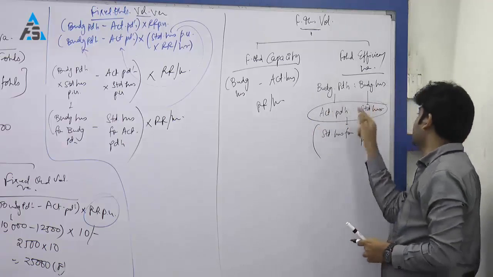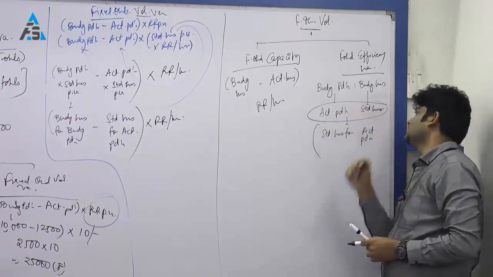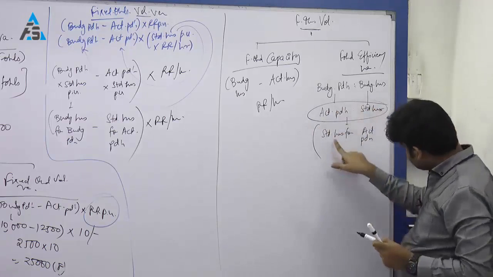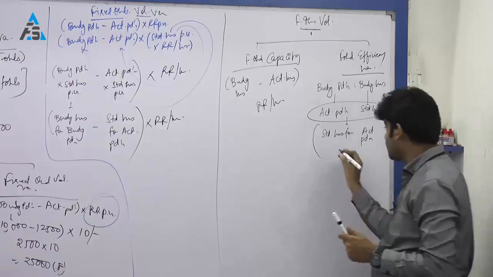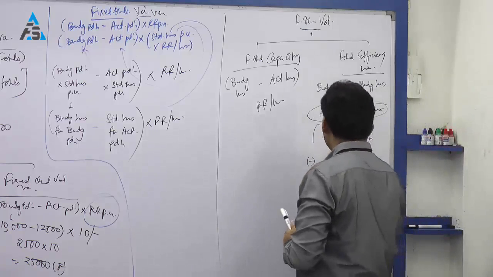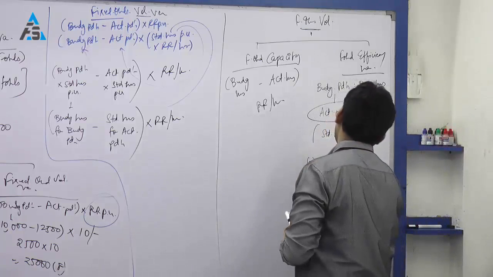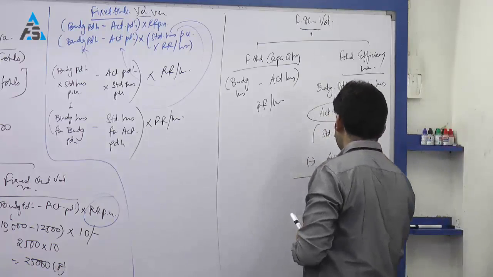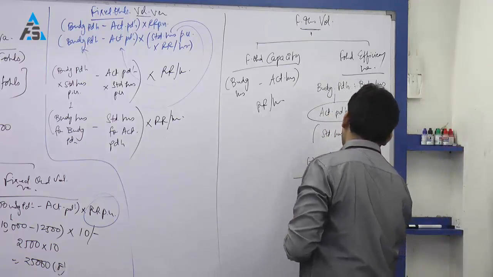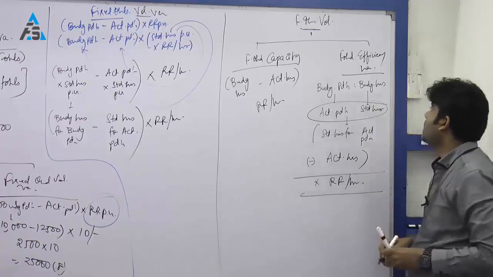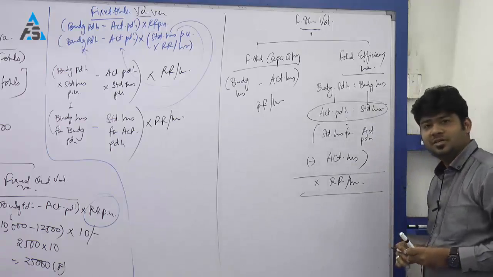So accordingly, 12,500 into 5 total, that should have been my standard hours. So standard hours for actual production minus, for that output, the total actual hours that I have taken, into recovery rate per hour will give you fixed overhead efficiency variance.